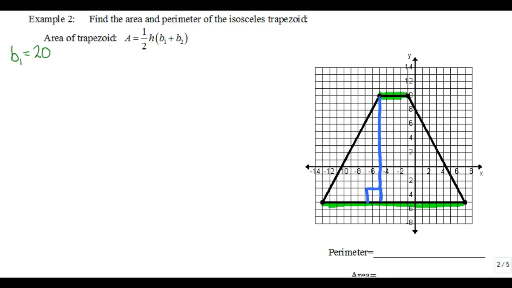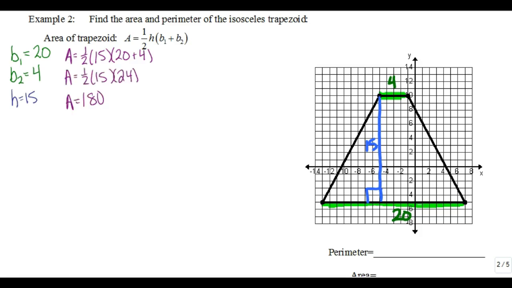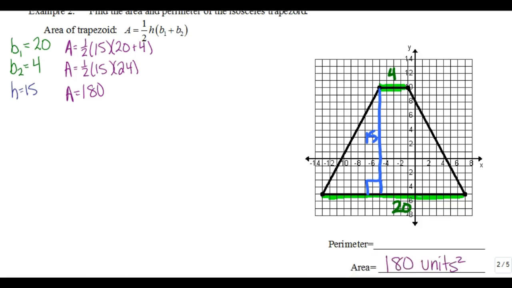The bottom base has a length of 20. The top base has a length of 4. Our height is 15 units. Let's use these to figure out the area of our trapezoid. Our area is 180 square units.